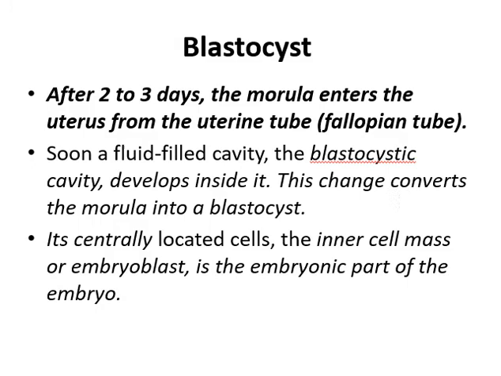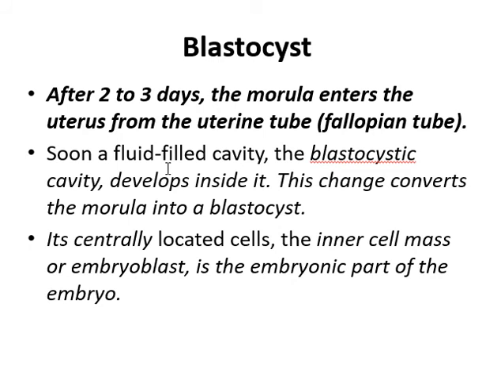Then after morula, we will have the structure that is called blastocyst. If you recall, the cells are called blastomeres, and this structure is now called blastocyst. After 2 to 3 days, the morula enters the uterus from the uterine tube.